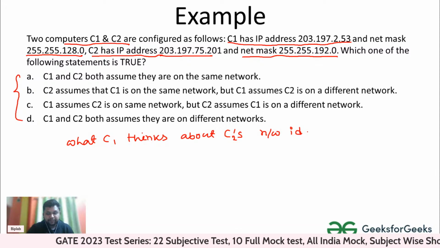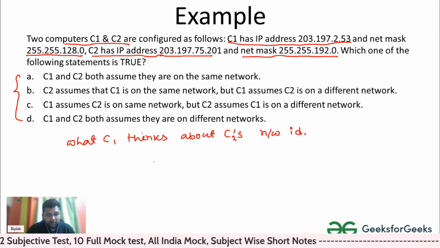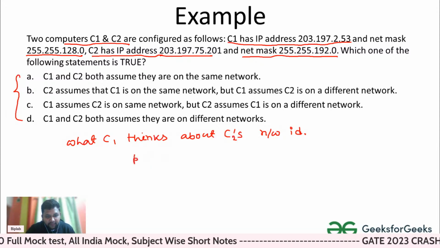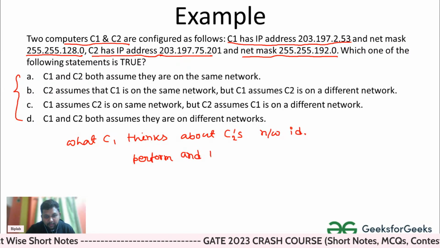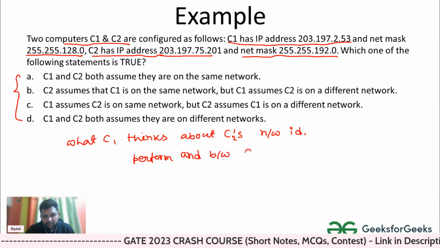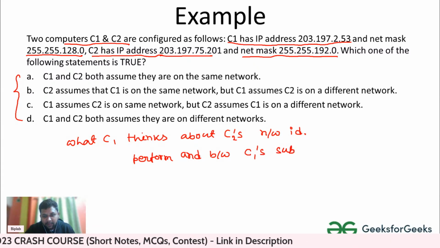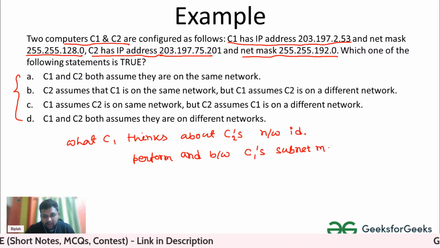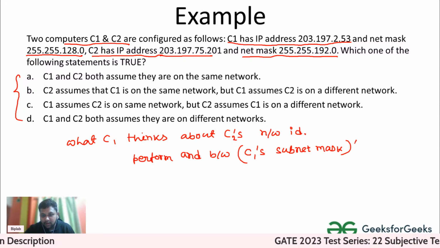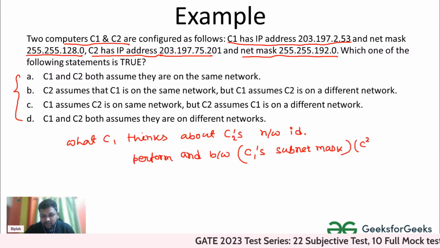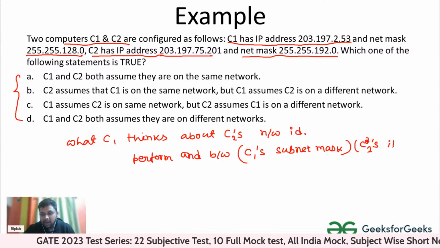For that, you can perform an AND between C1's subnet mask and C2's IP address.